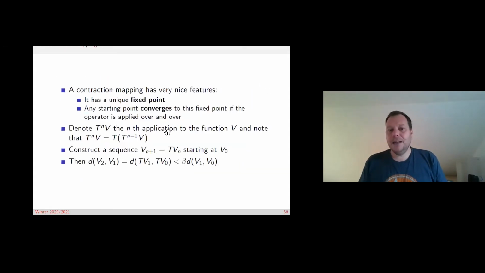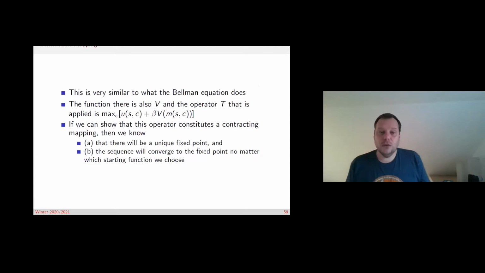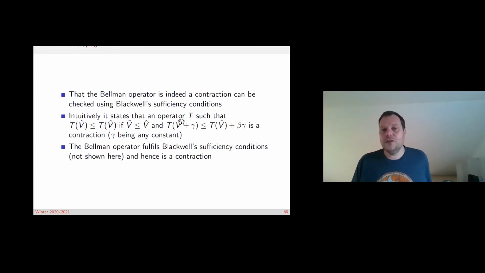I do not want to go into detail concerning this, but the idea is that using a sufficiency condition called Blackwell's sufficiency condition, it can be shown that this maximum operator, the right-hand side of the Bellman equation, is a contraction.